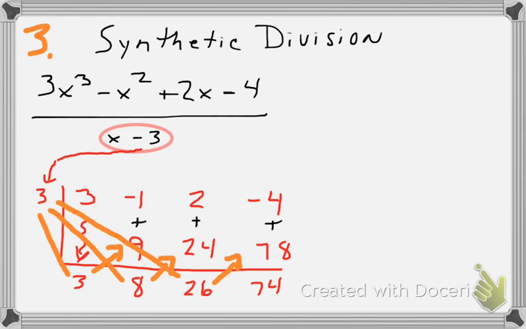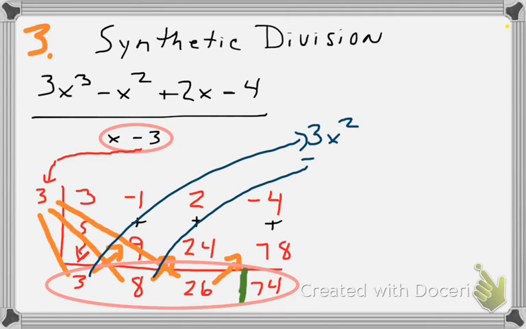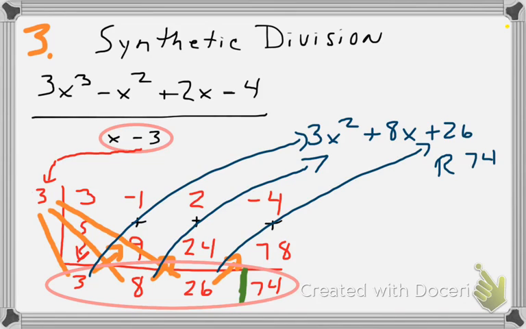We talked about degree earlier. We're going to drop down 1 degree from 3. So now we're thinking degree of 2. And we take those numbers on the bottom and we write a polynomial with those coefficients starting with a degree of 2. So we have 3x squared plus 8x plus 26, and then the last number is your remainder. That is how you do the problem.